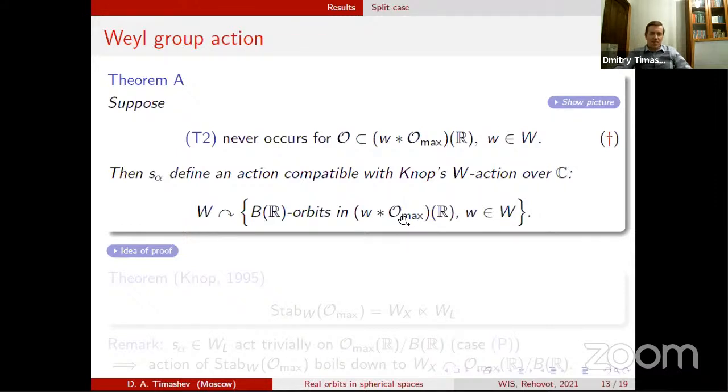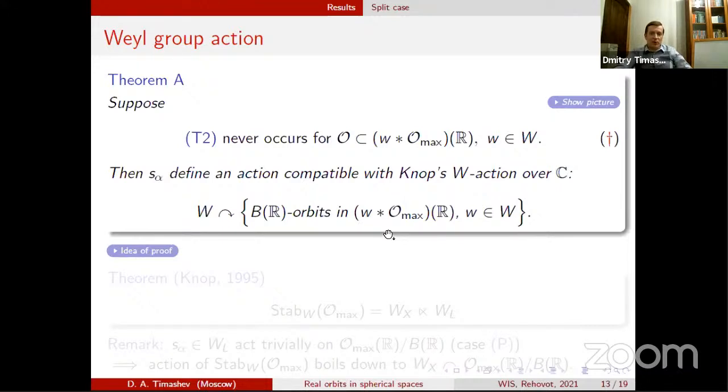You get some set of complex Borel orbits of the form W star O max. Well, for those of you who are familiar more or less with the algebraic theory of spherical varieties, it is clear that these are nothing but the Borel orbits of maximal rank, whatever it means.